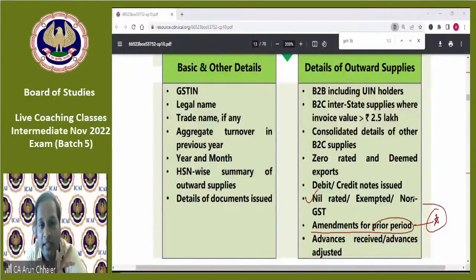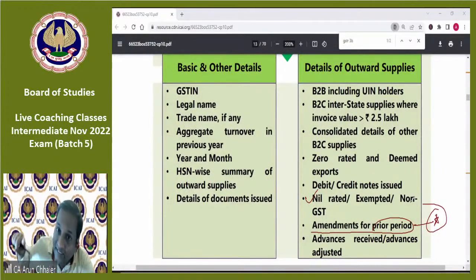That's it. So what have they inserted? They have inserted the concept of the amendment table. What is the amendment? For the prior period, any period till the time section 37 permits. We'll discuss the time limit for the correction also. But you can correct any information through amendment tables.